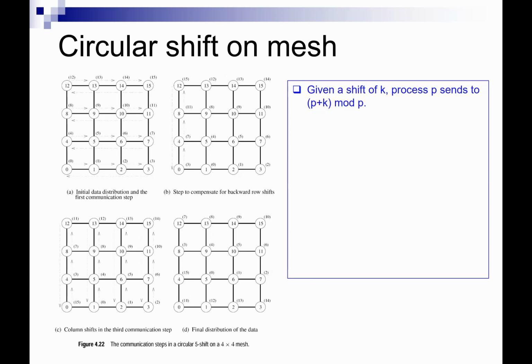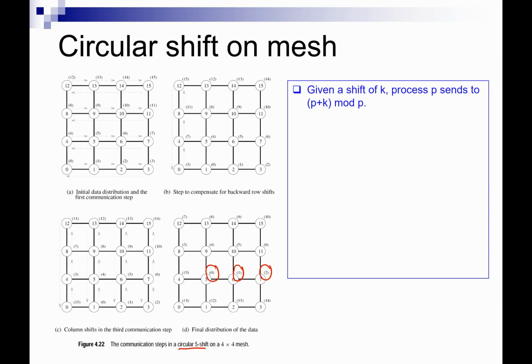So for example, suppose you want to do a circular shift by 5. What that means is that 0's message should end up at 5. For example here 5 has the message from 0. 1's message should end up at 6, 2's message should end up at 7, and so on.